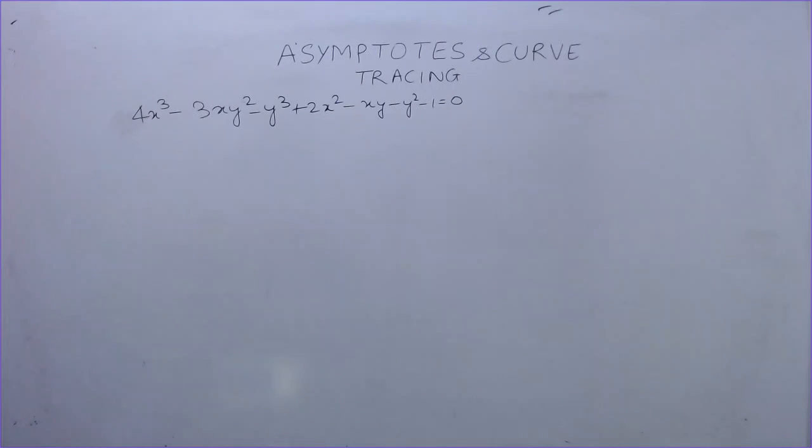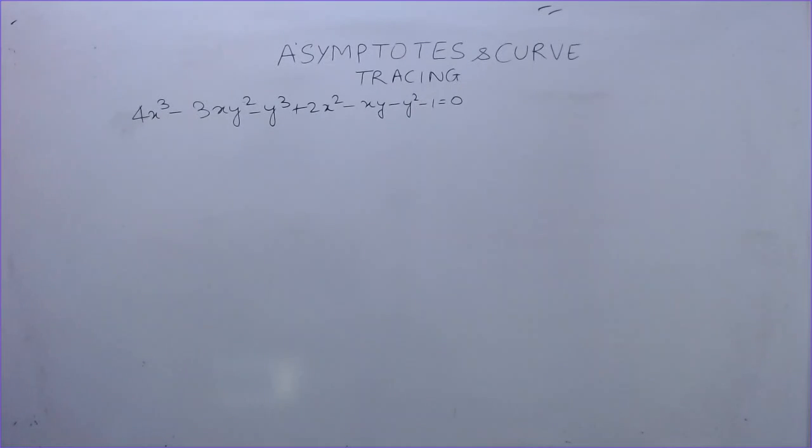So this is the equation of a polynomial or of a curve. Find the asymptote, if it exists. First of all, the condition is that it should exist. It is not necessary that all curves have asymptotes.